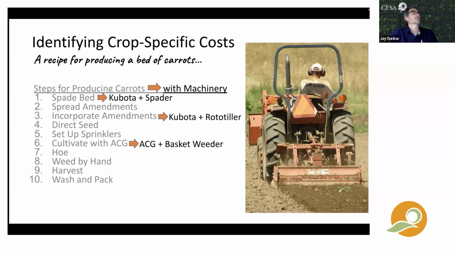So, listing out your steps for producing that crop. In this case, I like to start with direct seeded crops, something like carrots. What am I going to have to do to the field prior to planting? What are the steps during the season, and then what are those harvest and post-harvest steps?